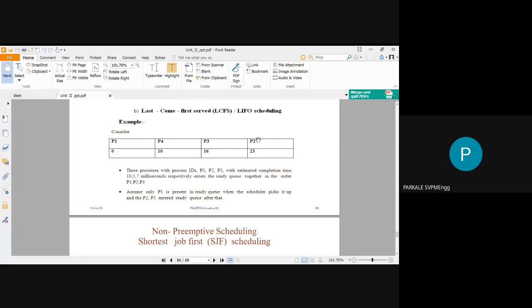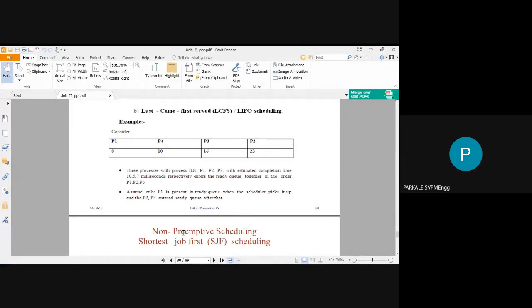Then out of P2 and P3, P3 has less execution time of 16 seconds, so the third process selected will be P3. The last process will be P2, which requires the most time, 23 seconds.